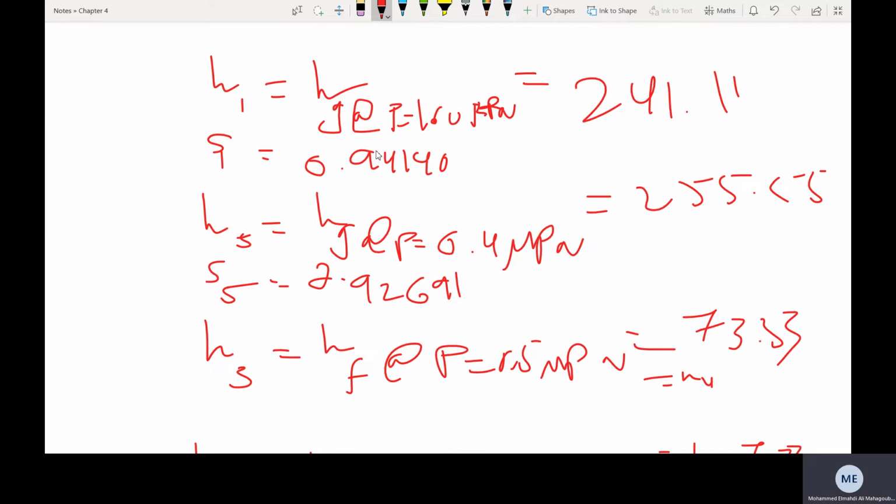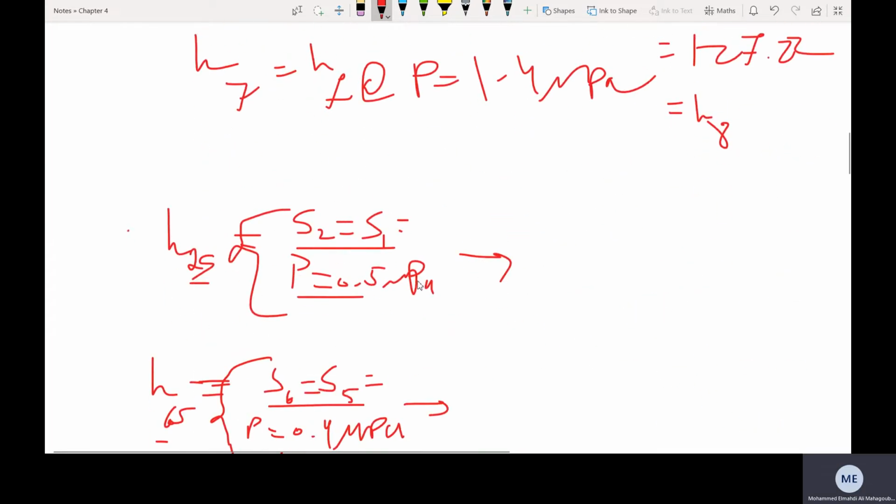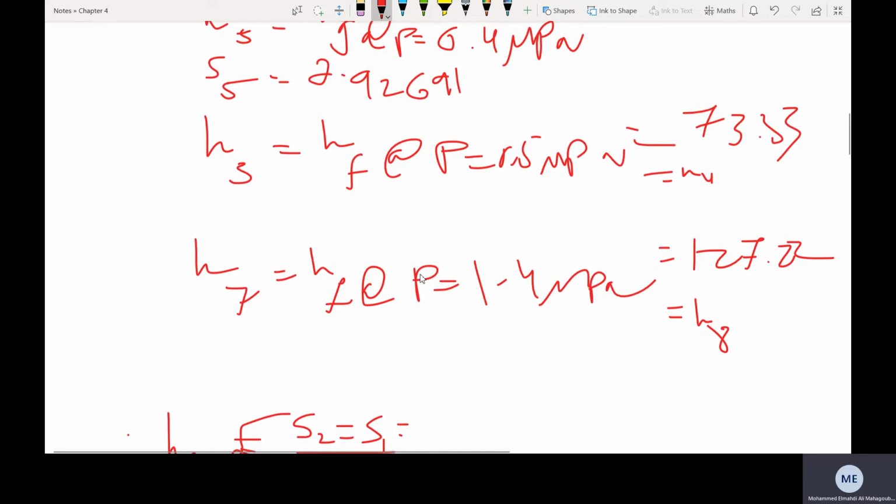With 0.941, I have a superheated case because my SG is 0.92, not 0.94. So I go to the superheated tables and then to 500 kilopascals, because it is 0.5. I have a direct entry for 0.5.